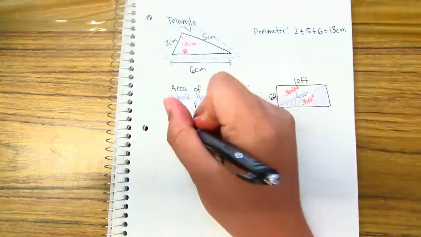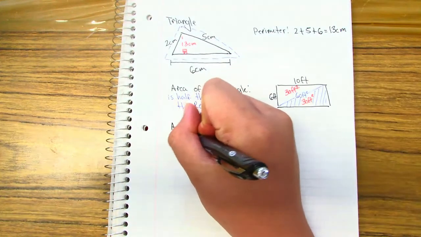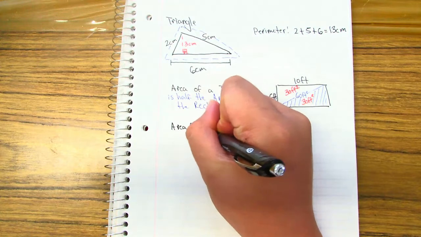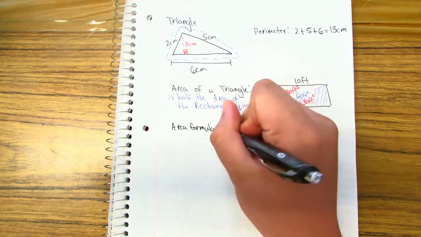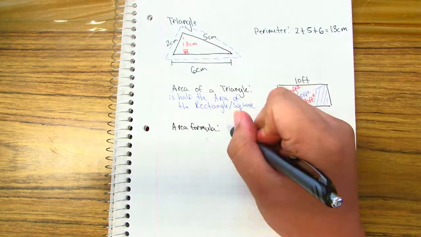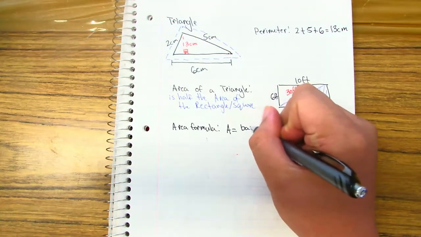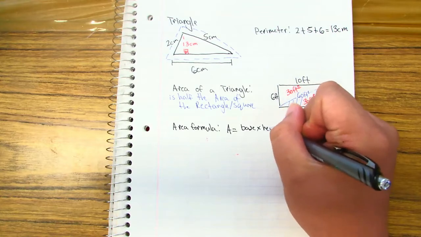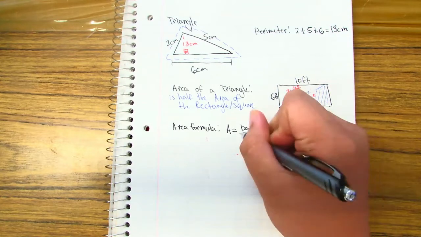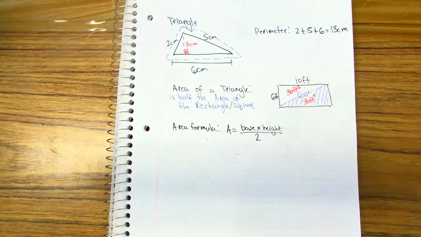It's because the area formula is area equals base times height divided by 2. Technically, that's what we just did.